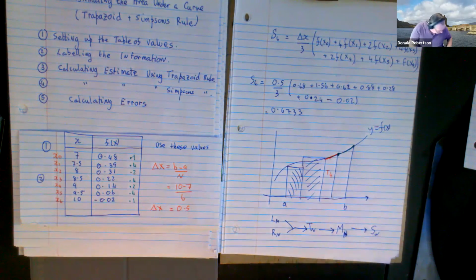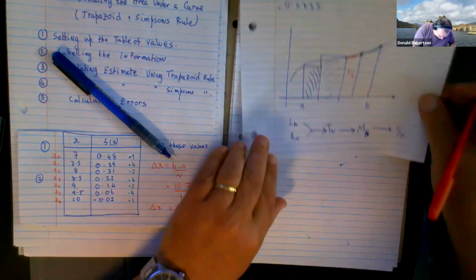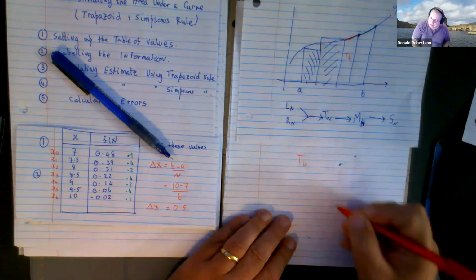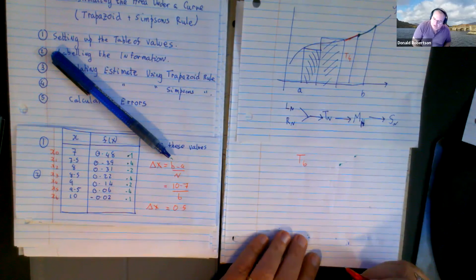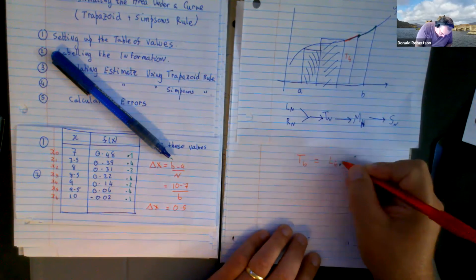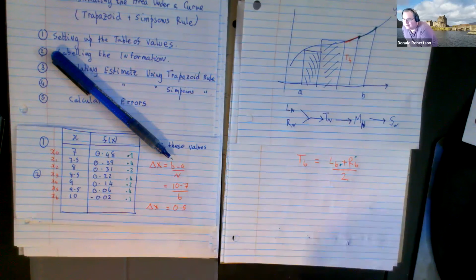Now, a little side issue. Some people use this. You know that if you want to find T6, there is another way to do trapezium T6. I could even prove that to you. I don't have time.